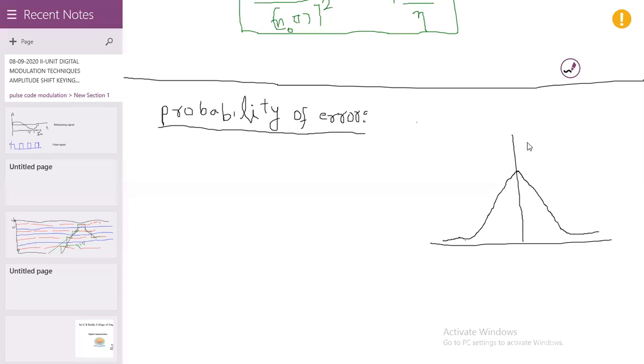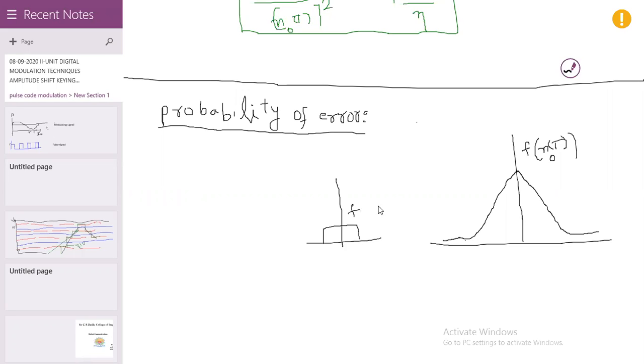So the probability f of n naught of t for Gaussian noise, we can represent like this. Just for our reference, I am showing a uniform probability density function, f of n naught of t.